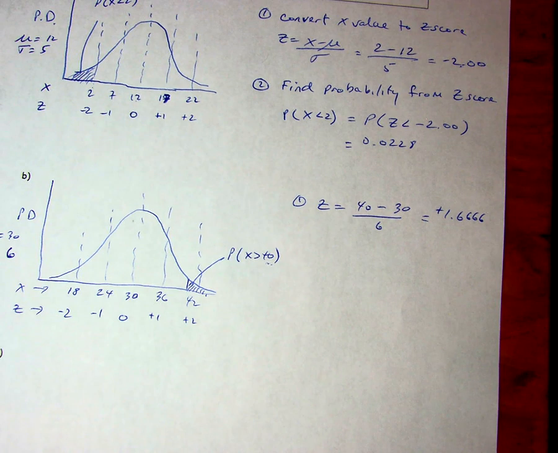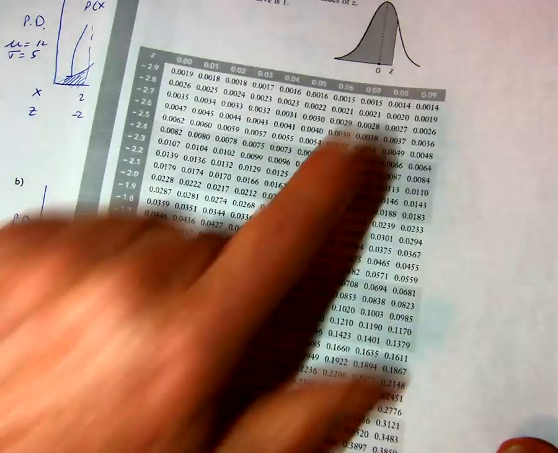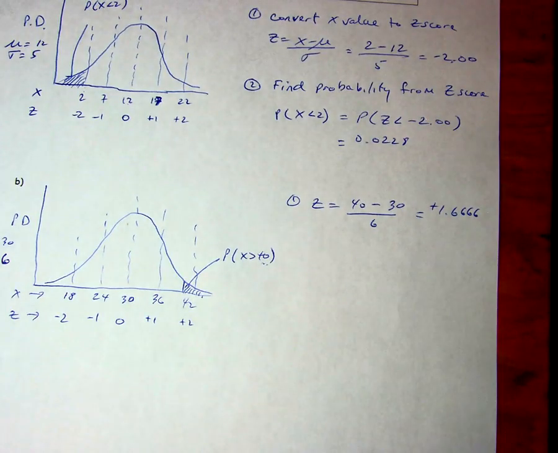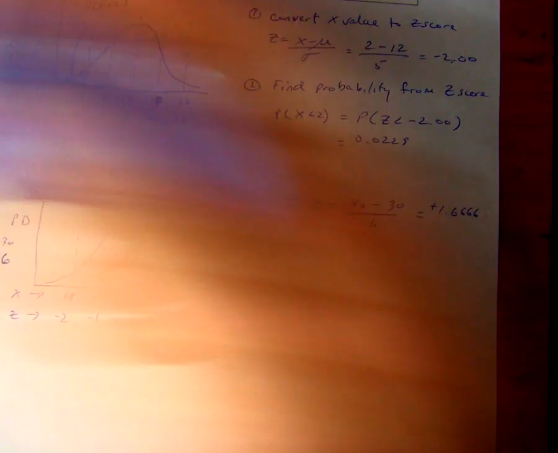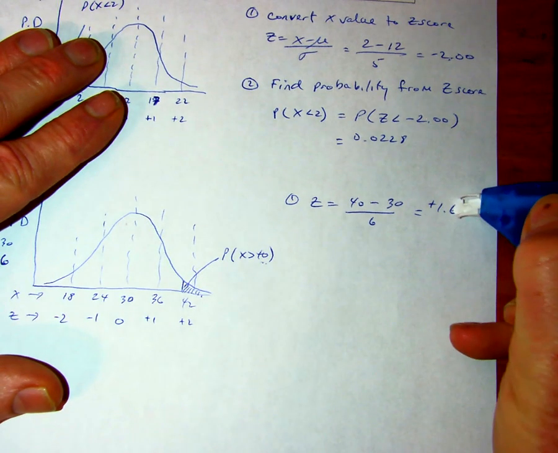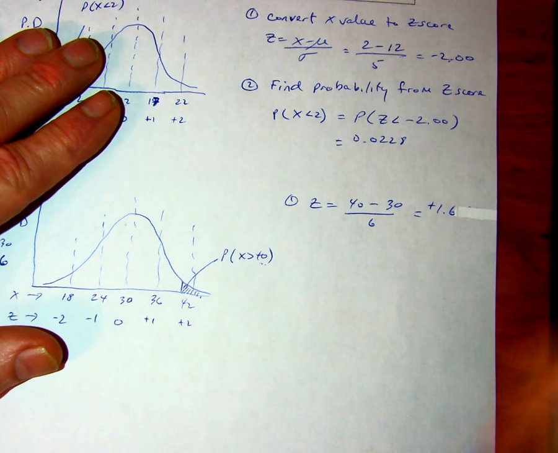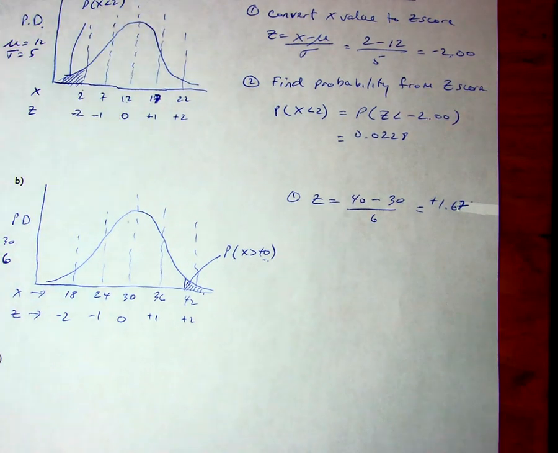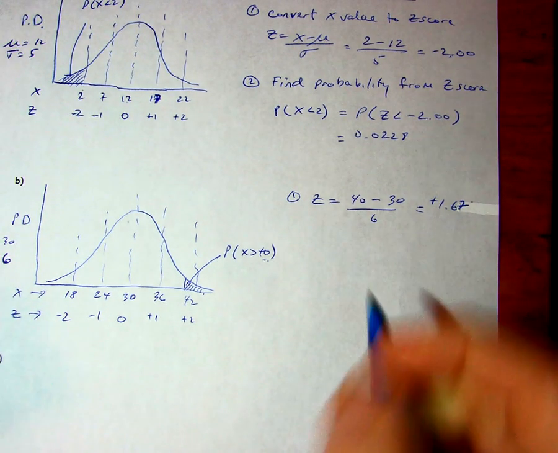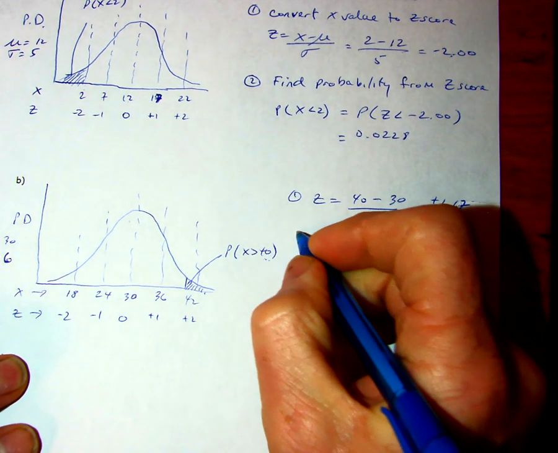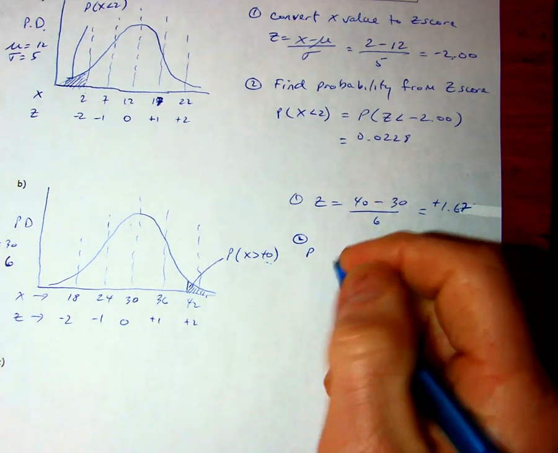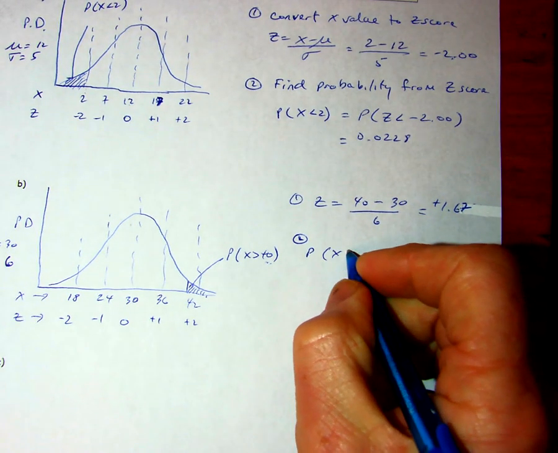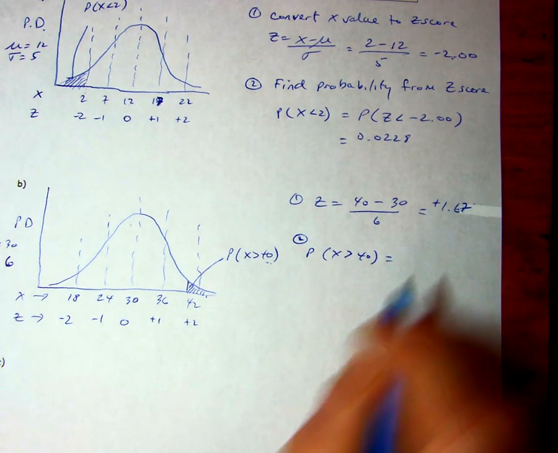I think this chart only goes to 2 decimals, so let's round it to 2. So what is that? 1.67. Okay, 1.67.